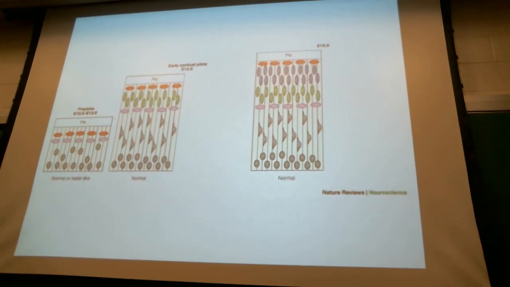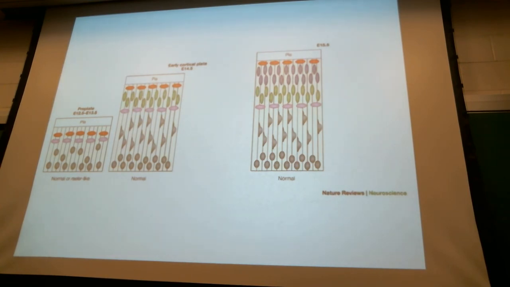And then the new neurons keep migrating until they hit reelin. So these neurons are already stuck there, but the next neuron will keep migrating until it hits reelin. That's how you make the inside-out pattern of layer formation, right?